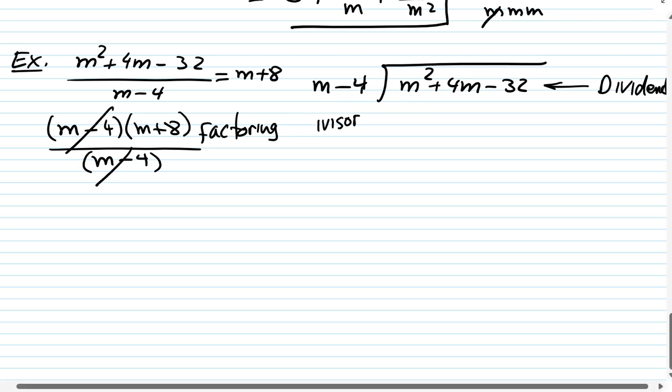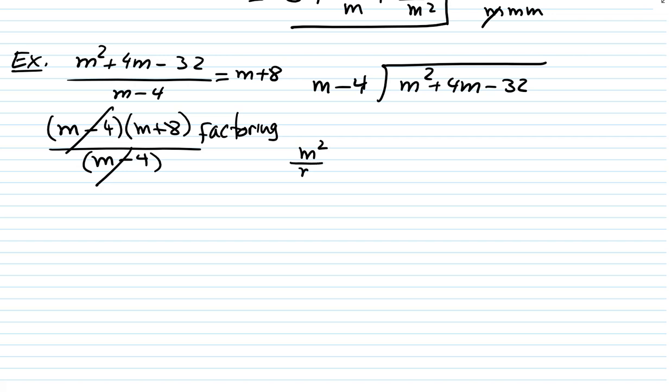Now we divide the first term in the dividend by the first term in the divisor, so that's m squared by m. The result is m. Then I put that m up here above the fraction line. This is what we call the quotient.